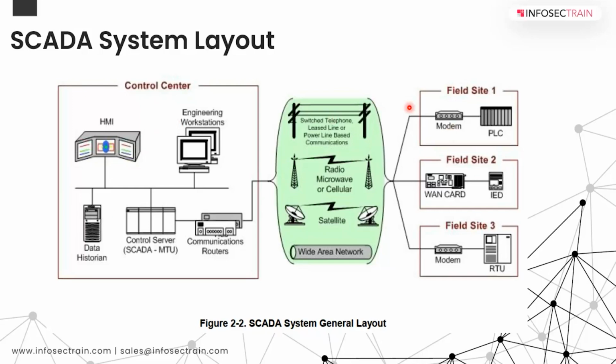But yes, there are still dial-up modems directly connected to the field sites without any security. The communication protocols between the control center and the field sites would be standard or proprietary protocols running on serial and network communications, used to transport information from the control center to the field.